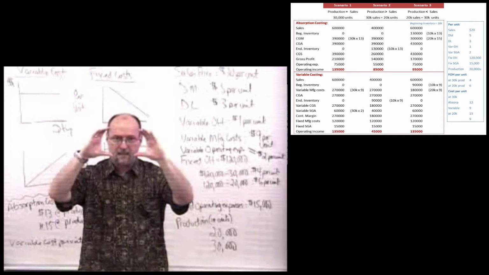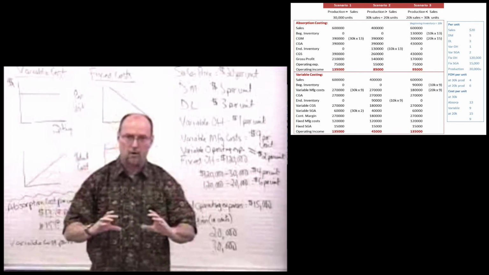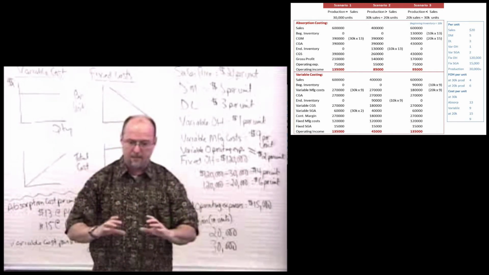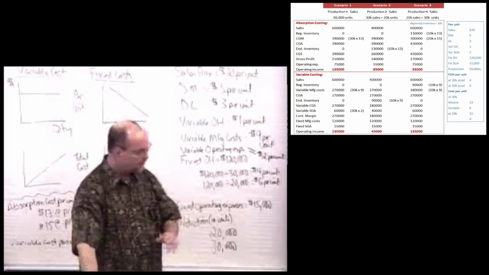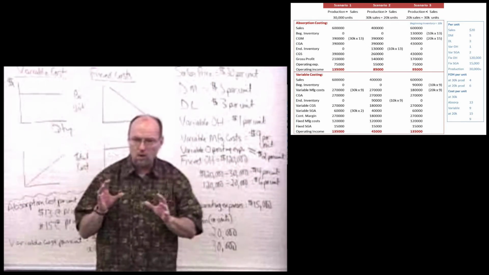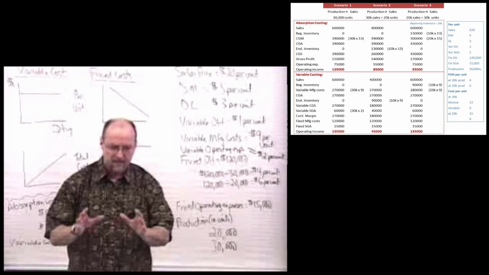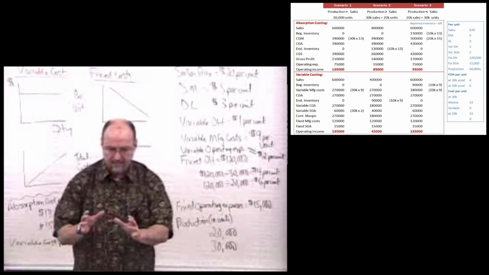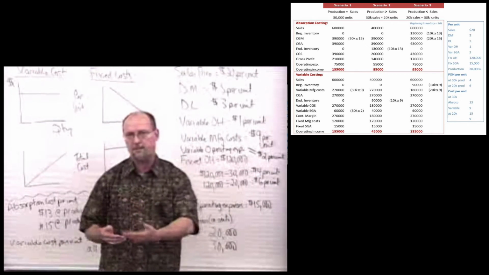Absorption costing income statement on the top, variable costing income statement on the bottom. In the red ink is all of this data. So on this slide, you literally have all of the information in one document that you can then look at, and this is for ease of comparison.